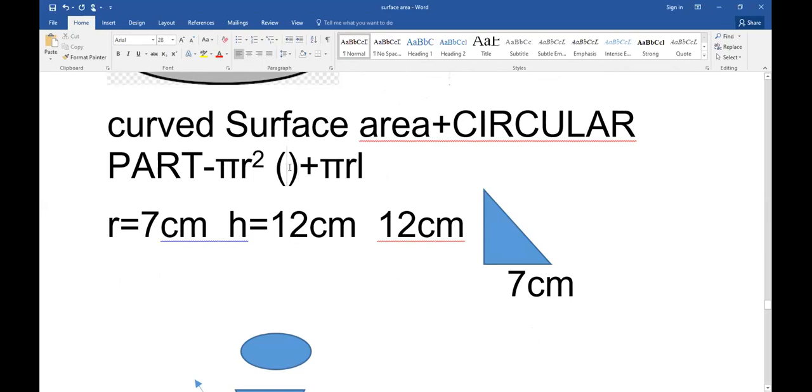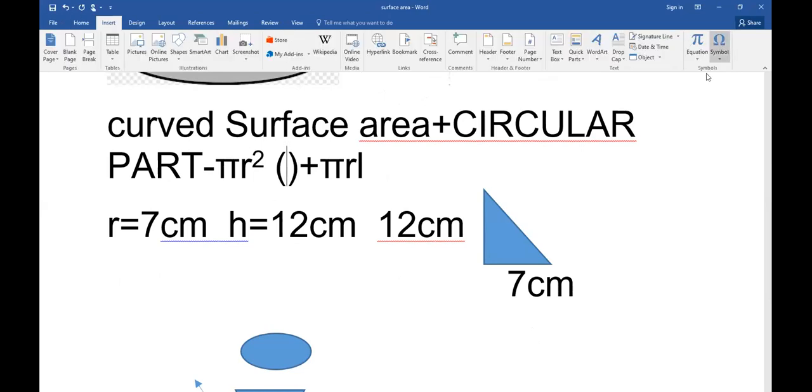We are going to use pi times radius, which is 7, and then times 7 again. So pi times 7 times 7, and the answer is going to be, where is the calculator?